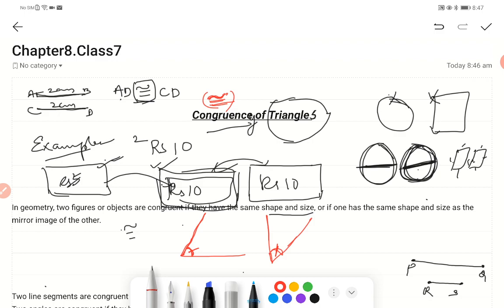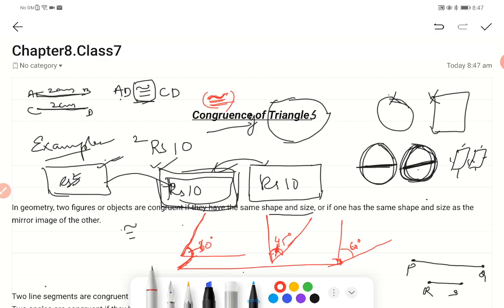So if suppose this is 60 degrees and this is 45 degrees, then you will say these two angles are not congruent. I have got one more angle, formed by two lines. It is 60 degrees, so this angle and this angle are congruent.